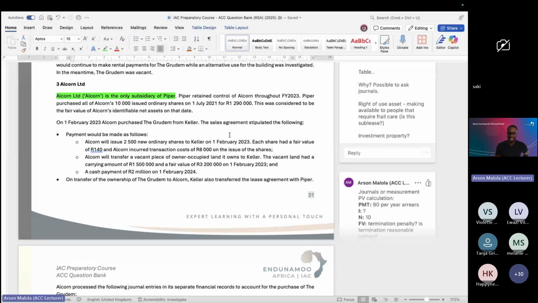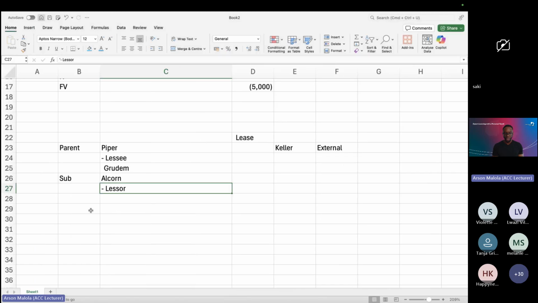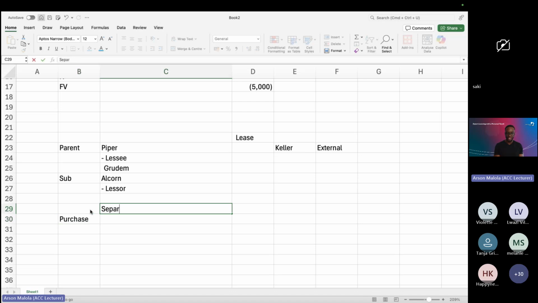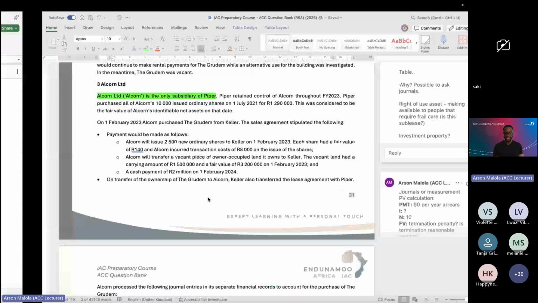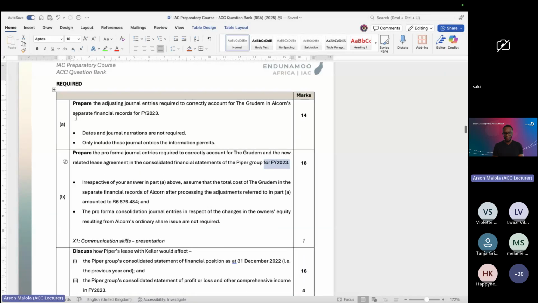The sales agreement stipulates the following. So now this is Alcon's purchase of the Grudem. And remember we have the context from the required. This purchase is going to be relevant from the separate financial statements, because the required asks me to prepare adjusting journal entries required to correctly account for the Grudem in the financial statements in this period.